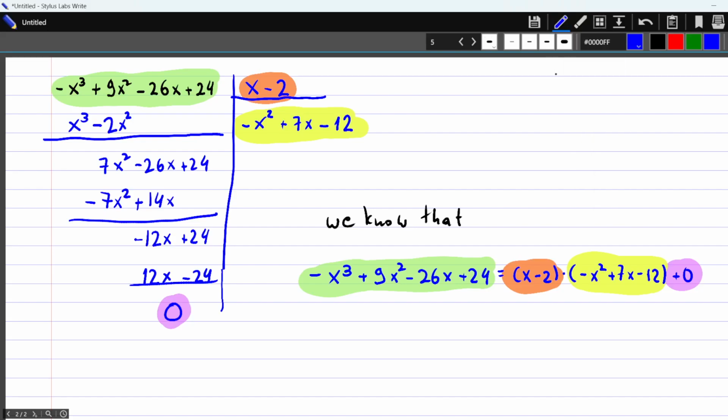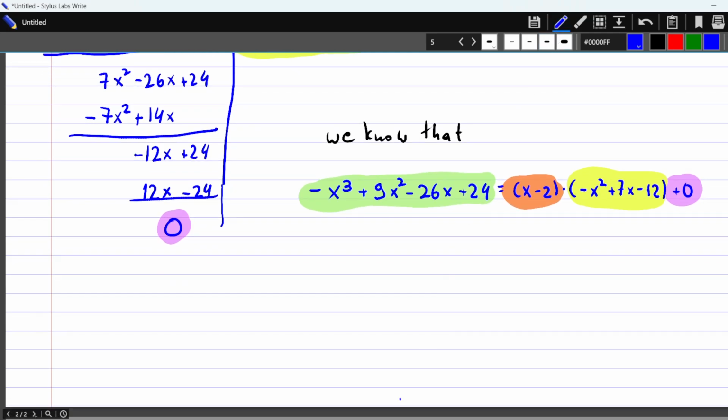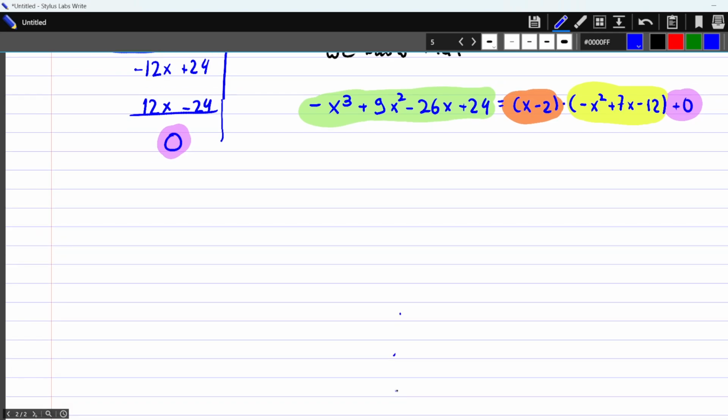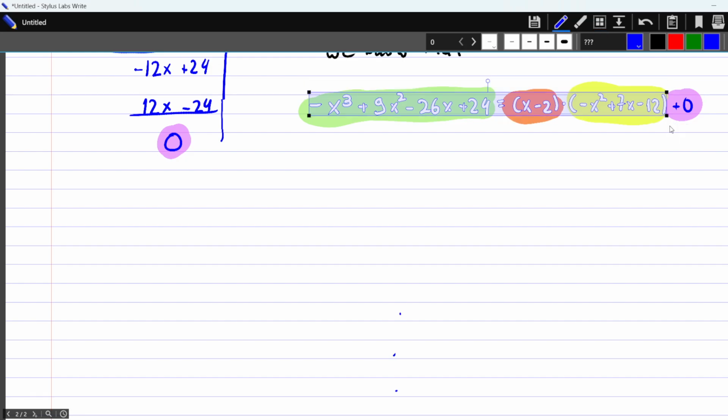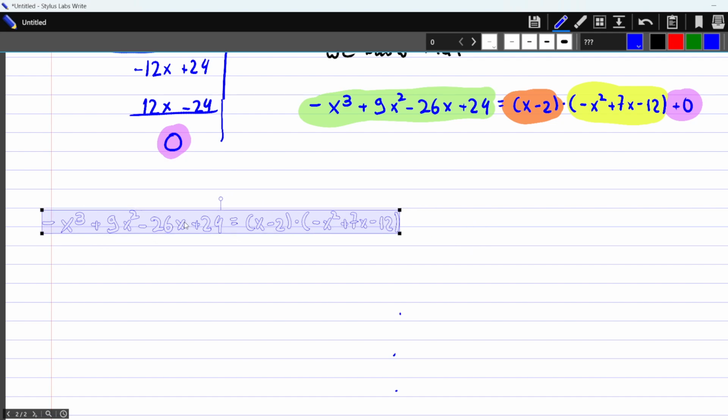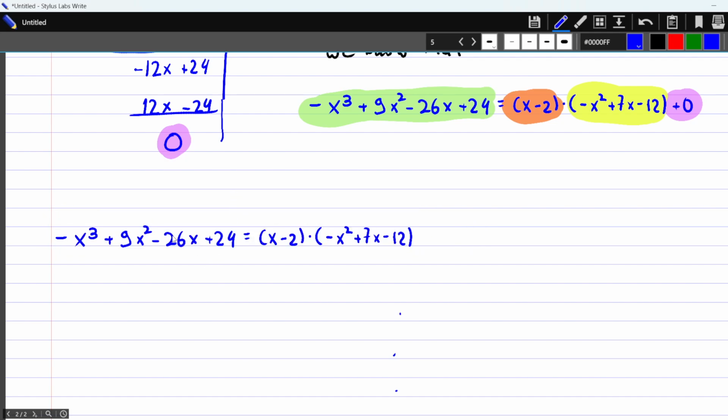So we are almost done, because what we need down here is this. We only need this. Plus 0 doesn't matter, so we will not be picking this. So we got minus x to the third power plus 9x squared minus 26 times x plus 24, which is f of x, equals x minus 2 times minus x squared plus 7x minus 12.